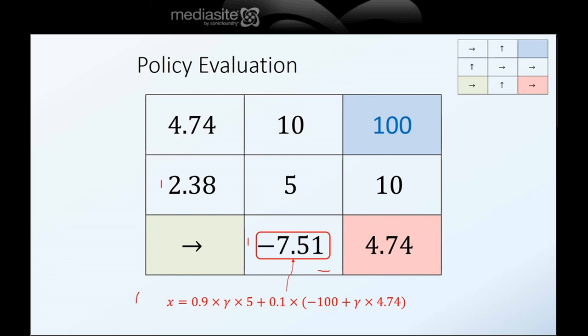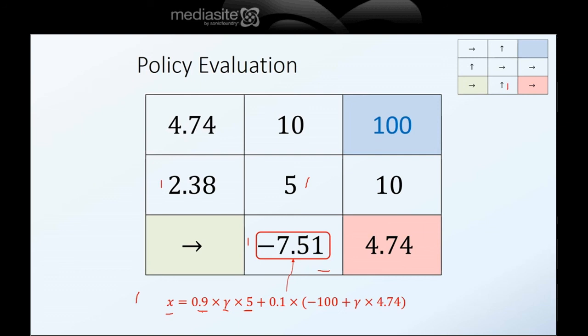Let's see what happens. So assume the value of this state is x. Then looking at the policy, with a probability of 0.9, it moves up, which has a value of 5. This state has a value of 5, and so it's 0.9 times gamma times 5.